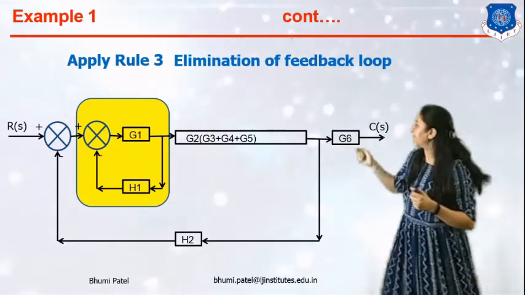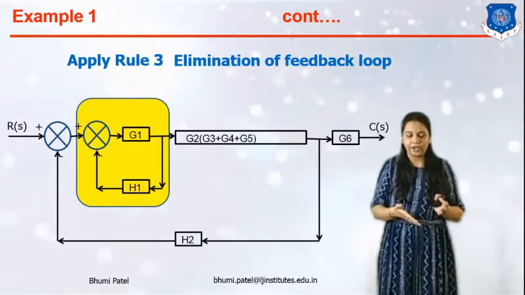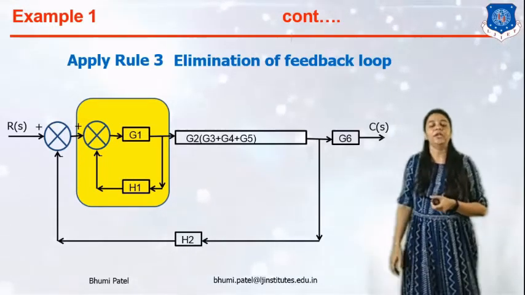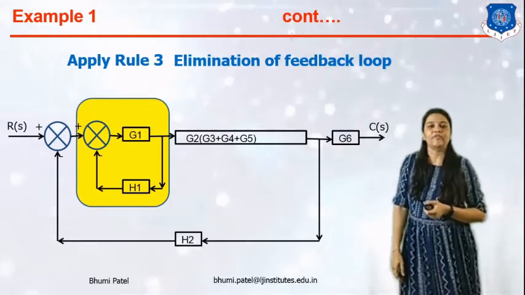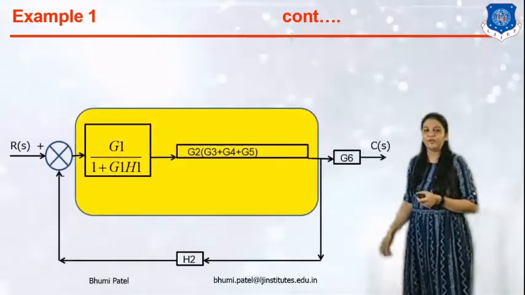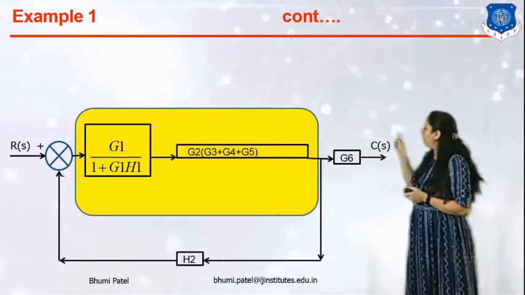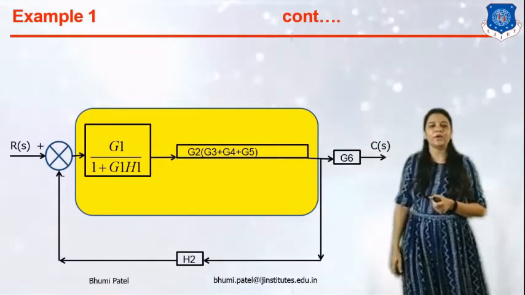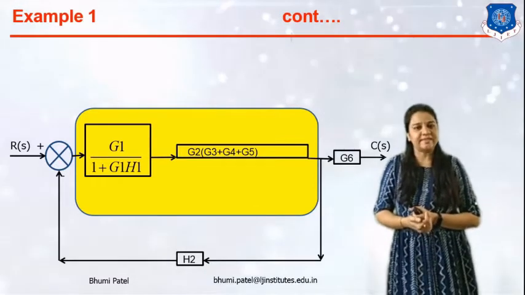Here the minus sign is given. So the equation will become G1 upon 1 plus G1 into the feedback part gain, and it is H1. So the final output will become G1 upon 1 plus G1 H1, and again the second block is G2 in bracket G3 plus G4 plus G5.